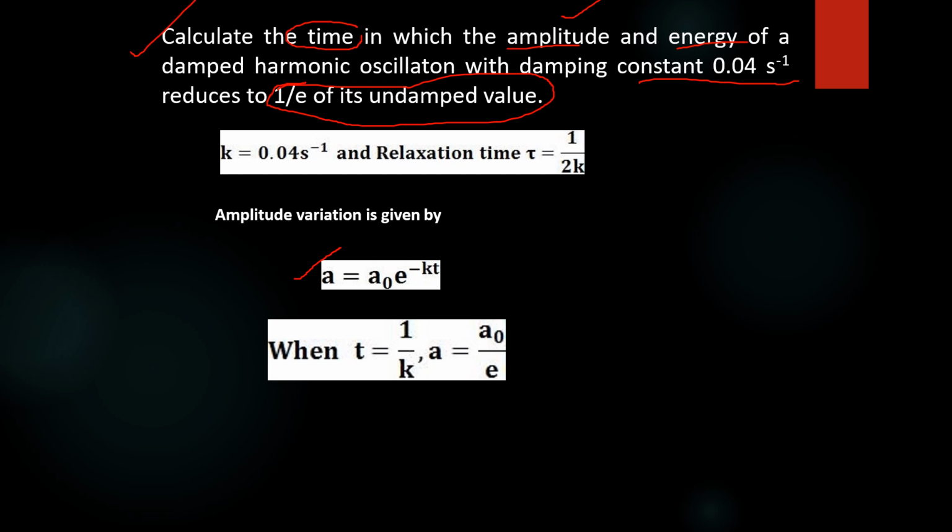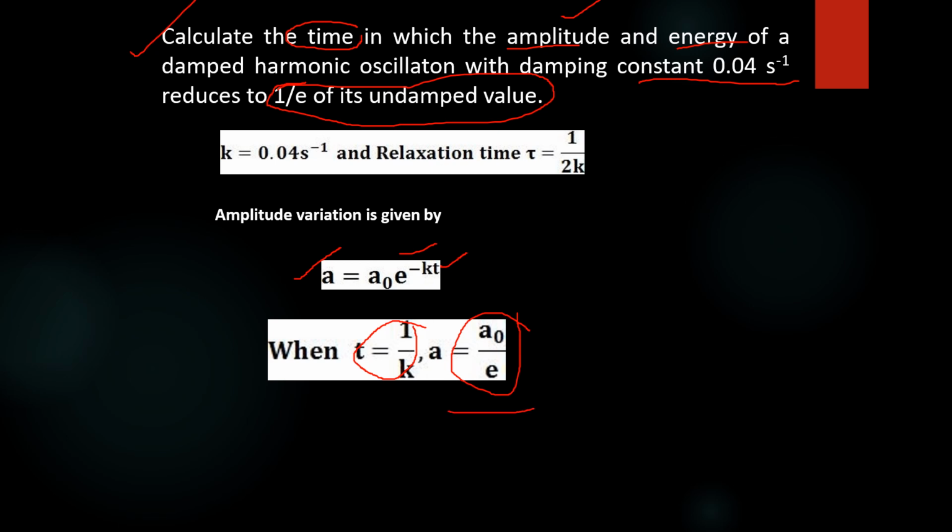Now, when does this equation become A is equal to A0 by e? It happens when you put t is equal to 1 by k. So when you put t is equal to 1 by k in this equation, it becomes A is equal to A0 by e.